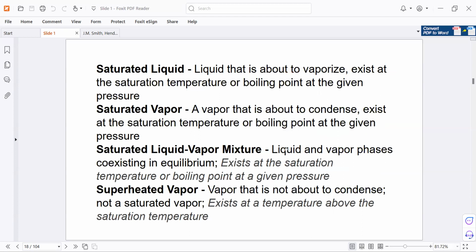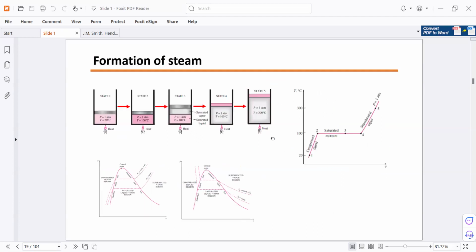What's next is let's trace the formation of steam. Let's focus on steam as our substance. Say we have a cylinder container set up, containing water.